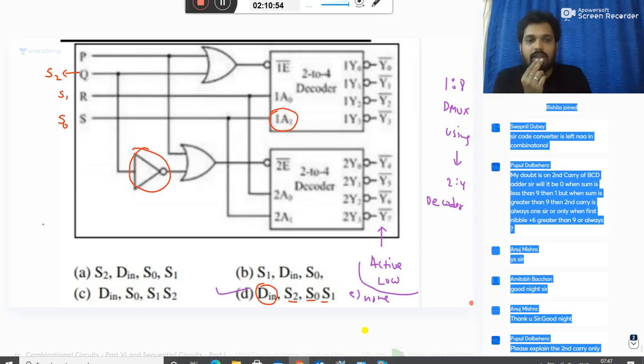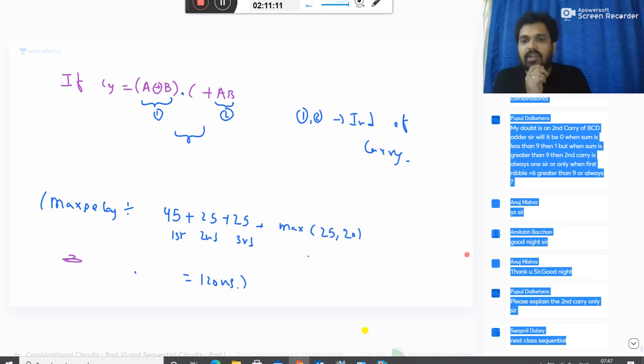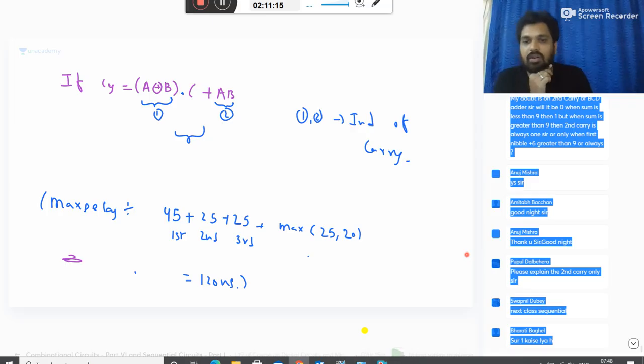What is your doubt, Bharti? Second carry will be considered when you are having a carry from the MSB, not the auxiliary carry.